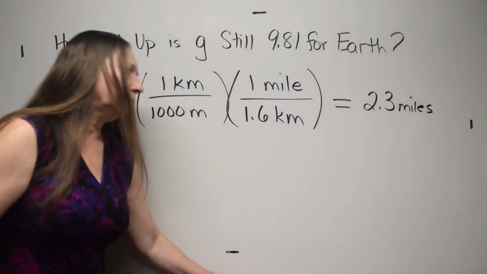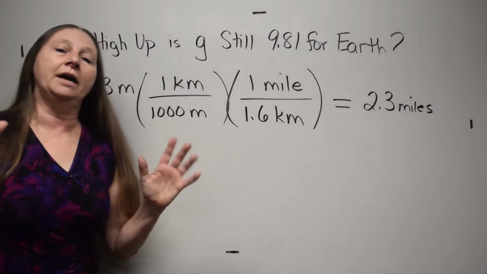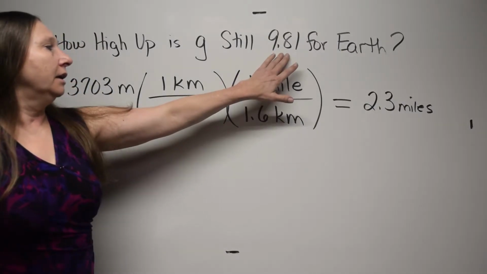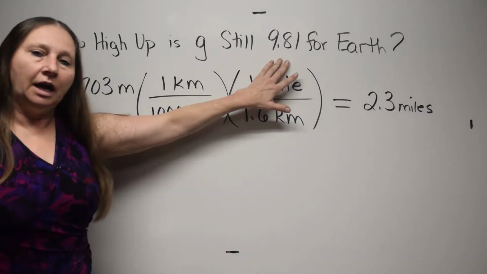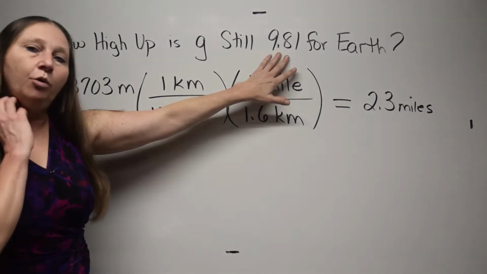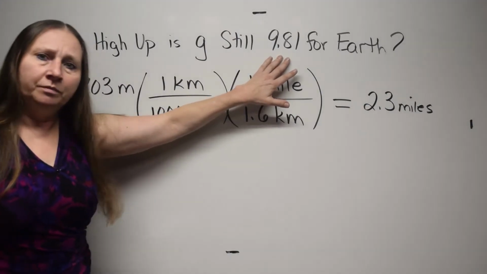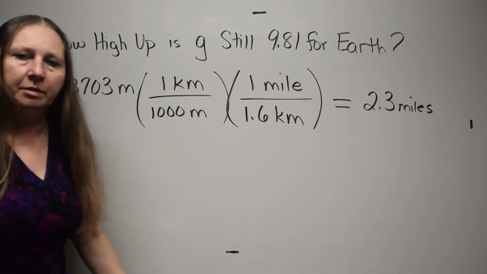So let's just say you can go about 2 miles up into the sky, and the acceleration due to gravity of the Earth is still 9.81. Right about that point is where it's going to start changing to 9.80, approximately. Rough approximation.